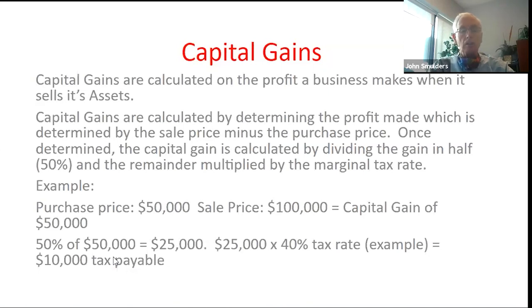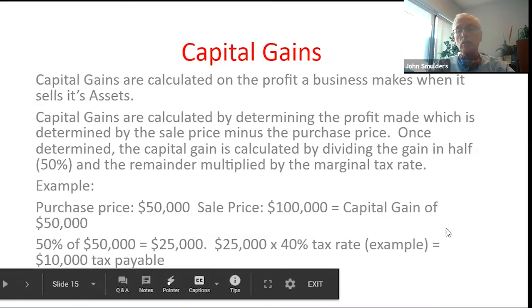Capital gain calculations are calculated after real estate fees, commissions, and lawyers' fees, okay? As well, once again, you can reduce your capital gain by subtracting capital expenses. Okay, so all good questions for accountants, okay?